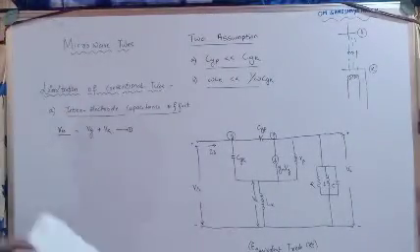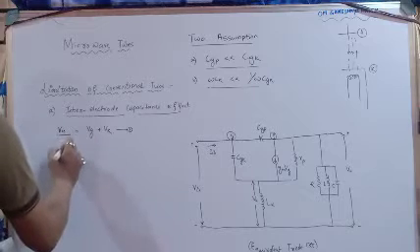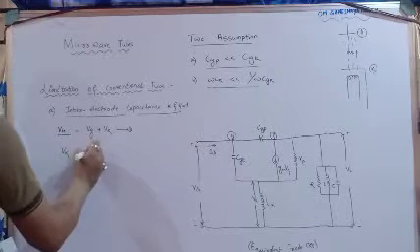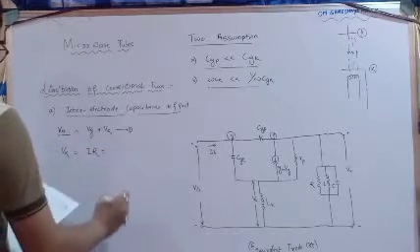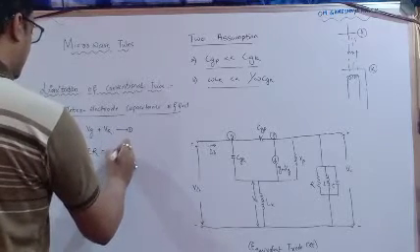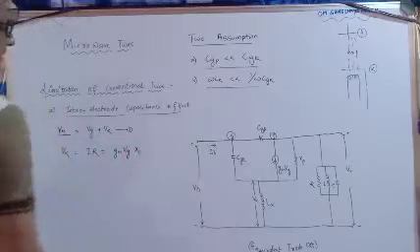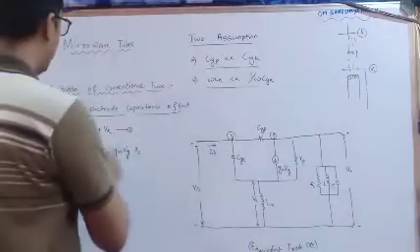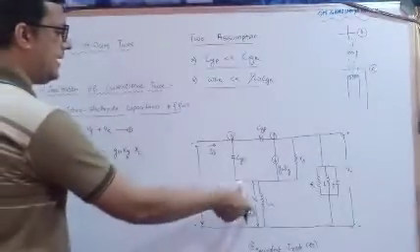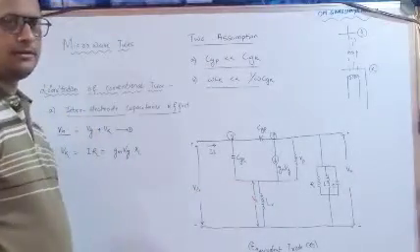Done. Second, what is Vk? Vk is equal to IR, which is equal to Gm into Vg into XL. Now, Vk is the potential drop across Lk.